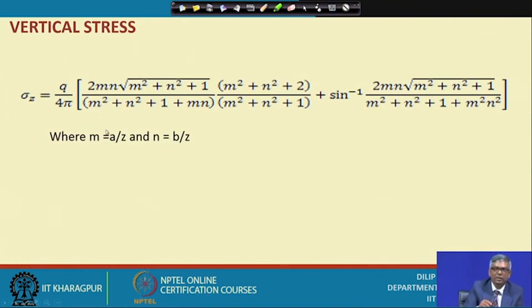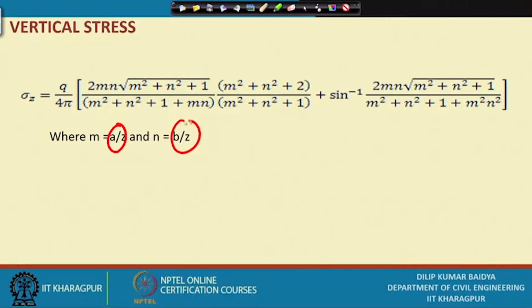This looks like a very long expression, and it mostly contains two non-dimensional terms: one is a by z and the other is b by z. Writing a by z and b by z too many times in this equation looks very clumsy.